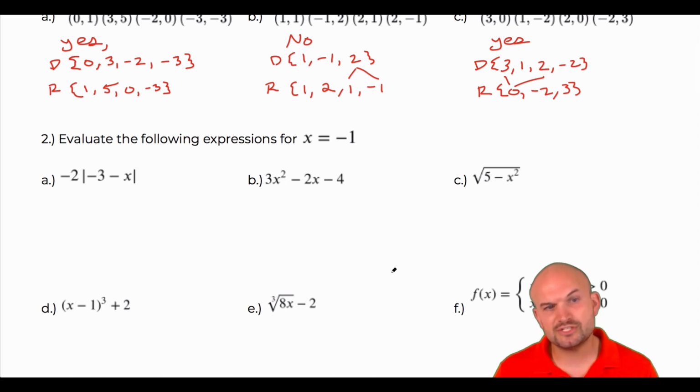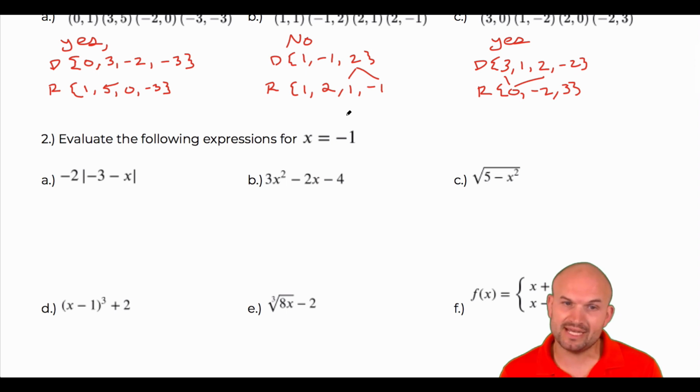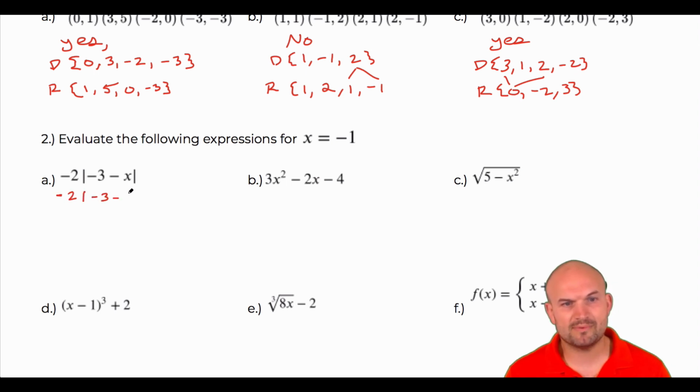Just remember, when we're looking to evaluate, that means we're looking for the value of the expression when x is equal to -1. And since x is equal to -1, that means we can replace x with -1. So that's basically all I'm going to do. I'm just going to rewrite each expression, and I'm going to use parentheses to represent me plugging in -1 for x.